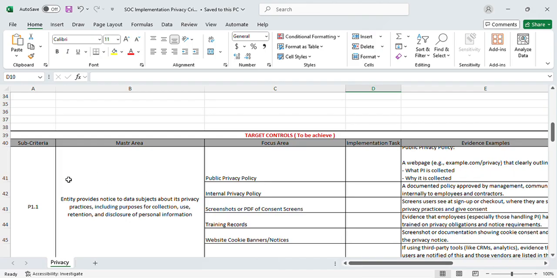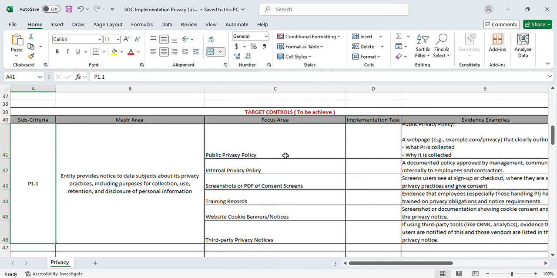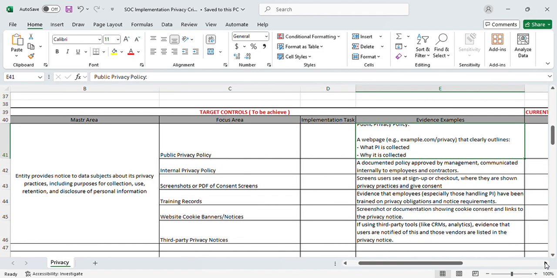So let's take the criteria one by one. P1.1, which is privacy notice, focuses on public privacy policies, internal privacy policies, screenshot of PDF, consent, running records, website cookies, and third-party notices. These are the evidence examples.